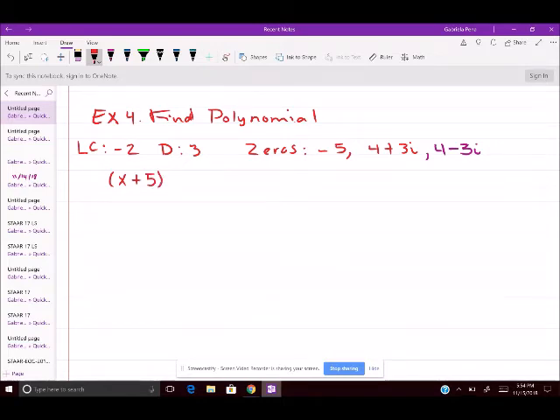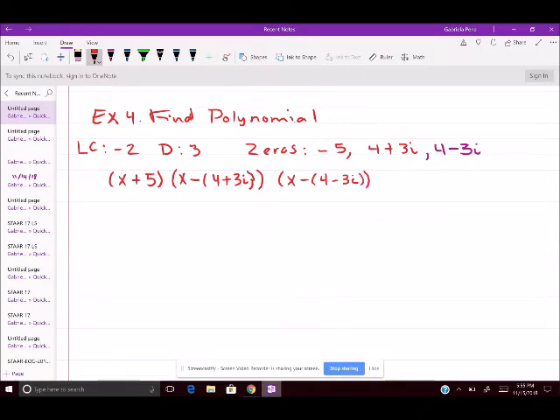If this were the factor x plus 5, you set it equal to 0, that's how you would get to -5. Because these 4s are positives, the next one would be x minus, but because there's 2 things, I have to write it like this. And then the other one is x minus 4 minus 3i.